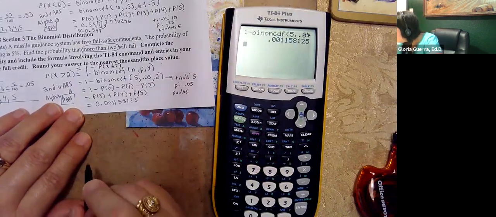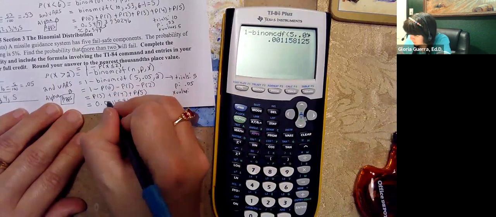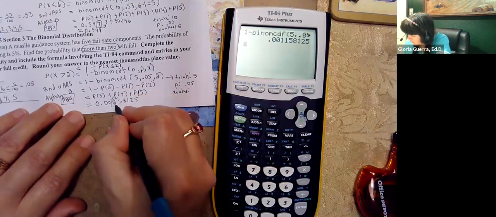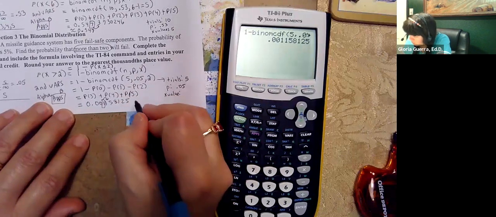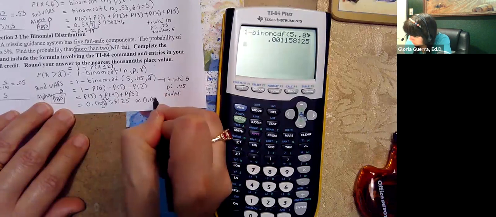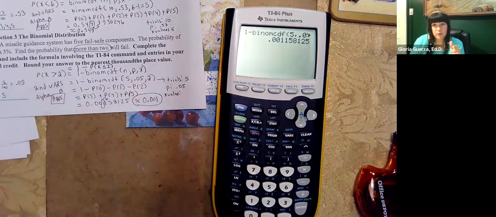And then you round to 3 decimal places. I said 3, not tens or hundreds, 3 decimal places. Then look at the number to the right. Is that 5 or more? No, it's not. So it's 0.001. In chapter 5, we round to thousandths.